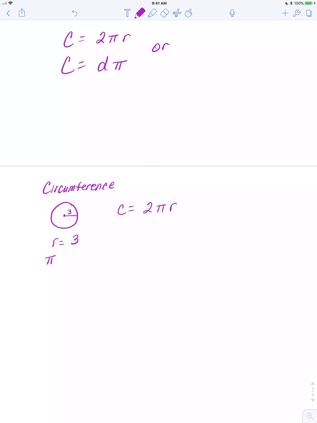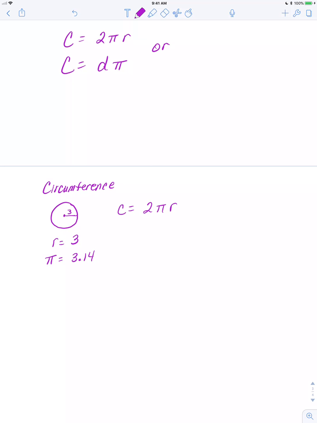Well, what is this thing called pi? You may know it's approximately 3.14. Once we go to higher math and use our calculators, we'll actually use the entire thing. So for right now, we're just going to say it's 3.14.